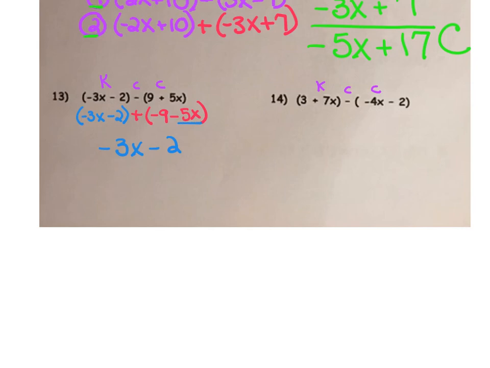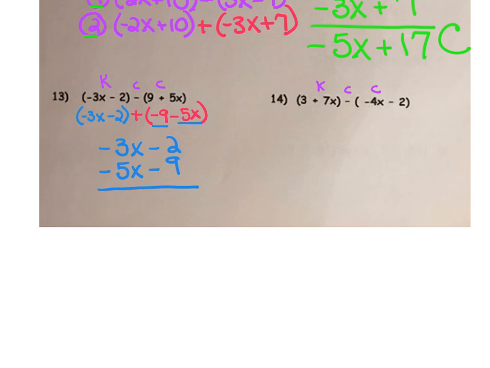So as we stack these next 2 terms underneath, we bring the negative 5x up front and the loss of 9 under the constant of negative 2. At this point, go ahead and term combine, and then move on to problem number 14 on your own.